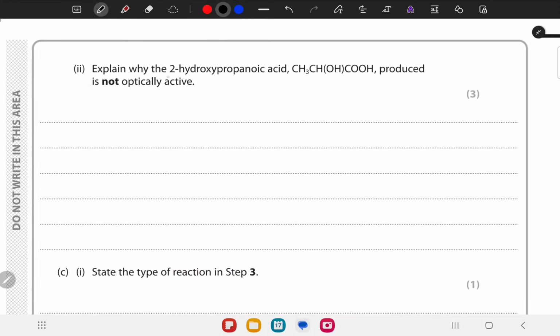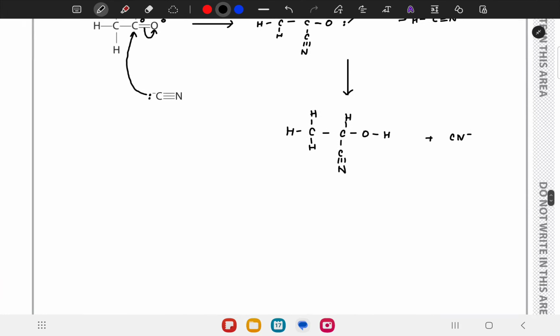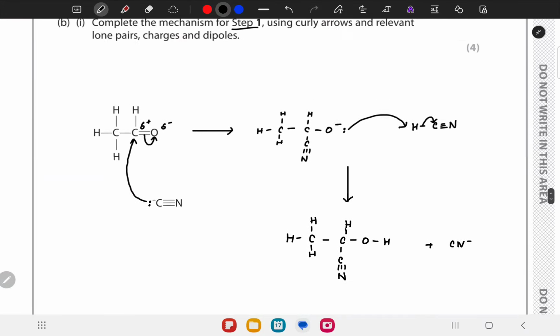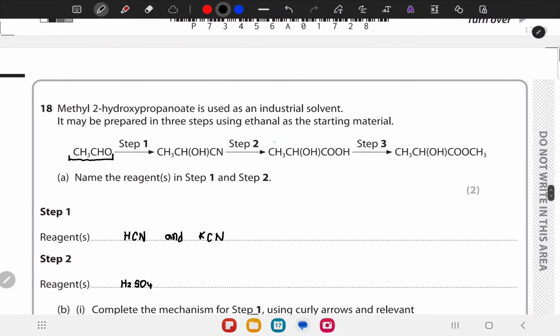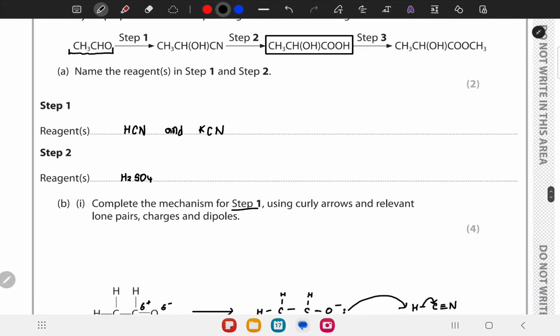Now we have to explain why the 2-hydroxypropanoic acid produced is not optically active. So why is this? This is 2-hydroxypropanoic acid.